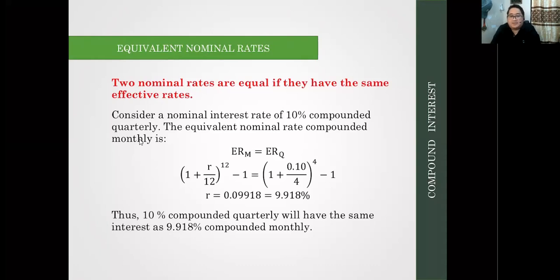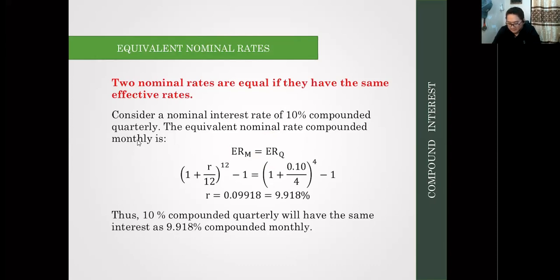Okay? So, as shown in the formula, using the equivalent rate formula we discussed for a given compounding year, the equivalent rate of monthly is equal to the equivalent of quarterly. This gives us the equivalent nominal rate that we put on our loan so we have the same equivalent rate as the quarterly.